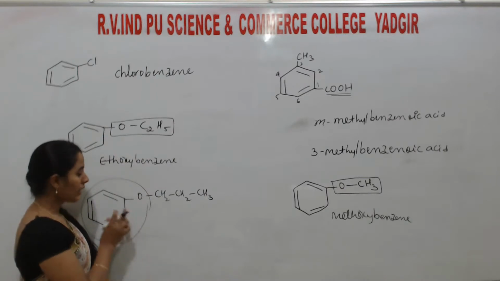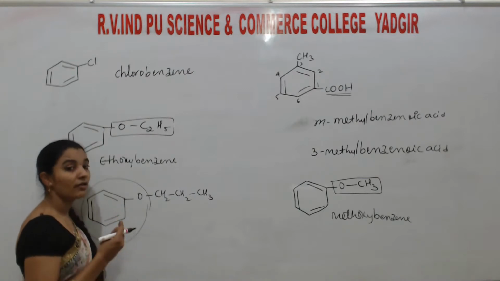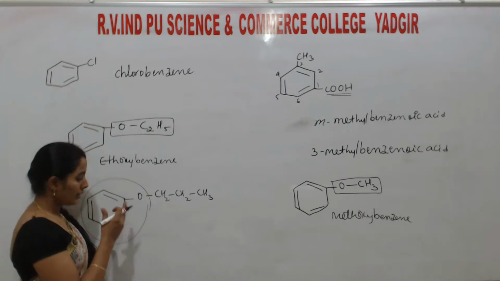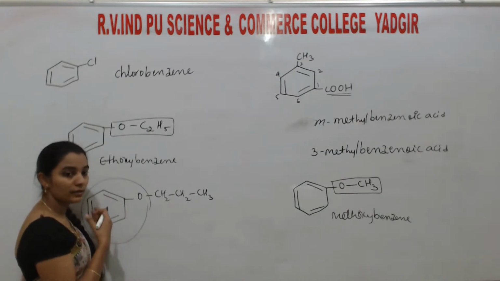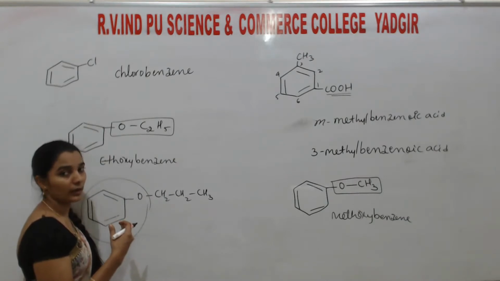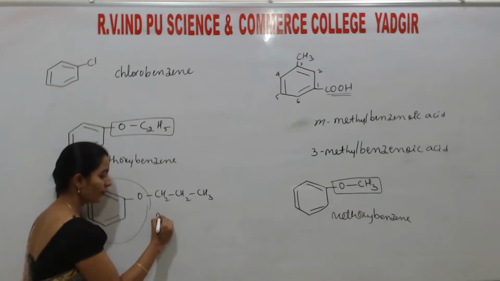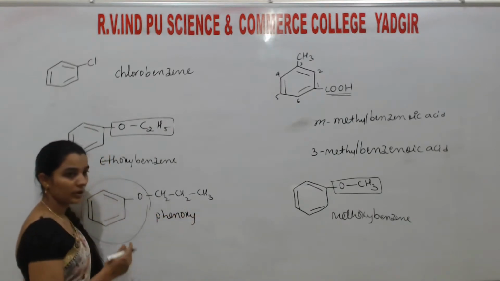Okay? Like alkyl, this benzene is pronounced as phenyl. In the last class I told, like alkyl, this C6H5 is pronounced as phenyl. Understand? Alkoxy means this is phenoxy. Are you getting?